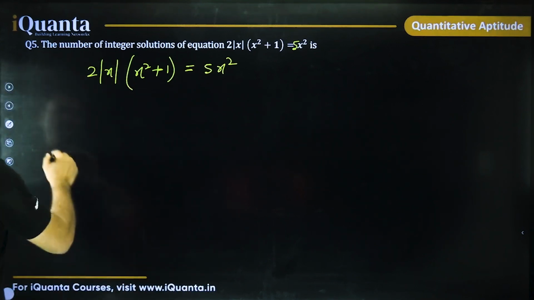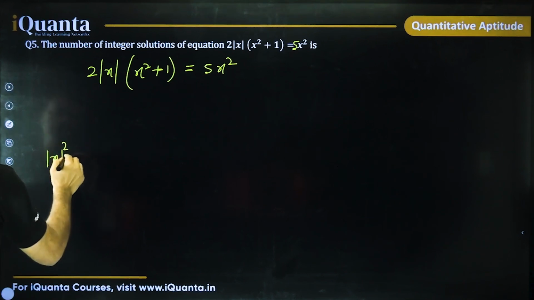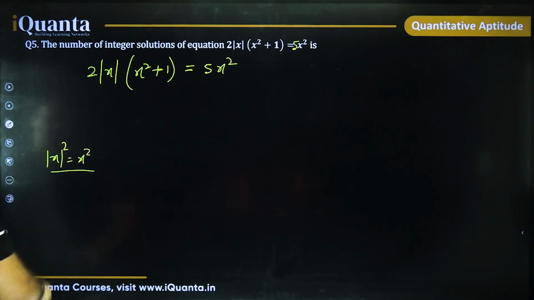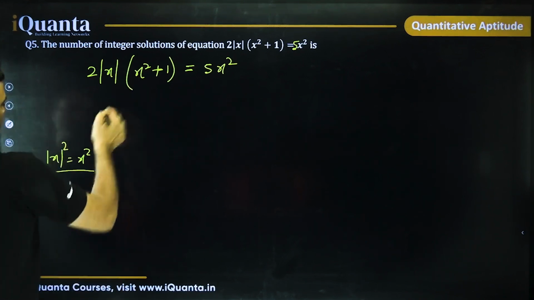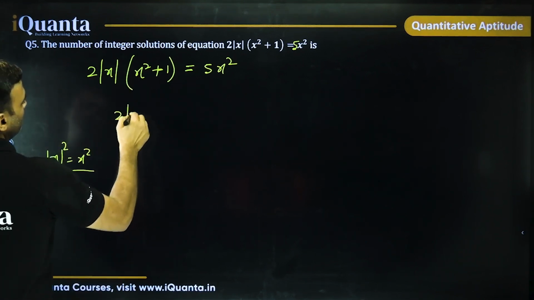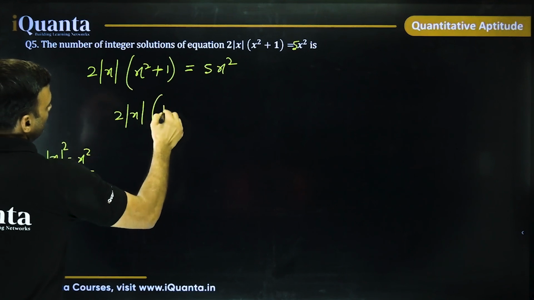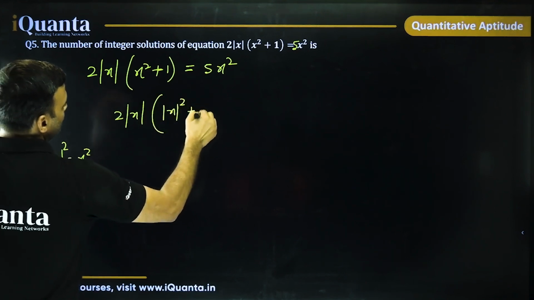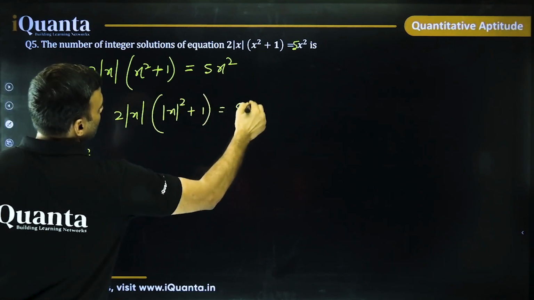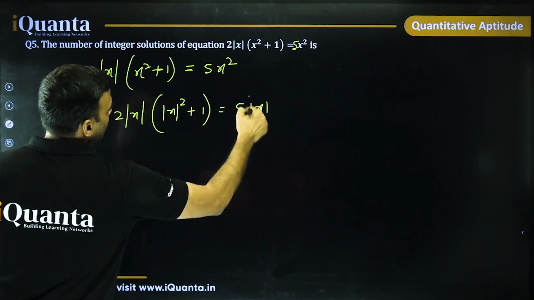Now you see, modulus x square is equal to x square only, because a square or modulus is going to result in the positive value only. So just for the purpose of convenience, replace this x square by modulus x square. So 2 modulus x into modulus x square plus 1 is equal to 5 modulus x square.